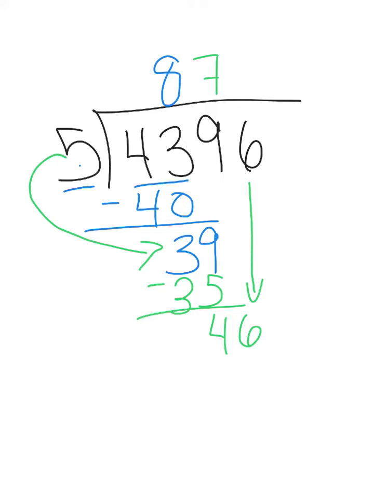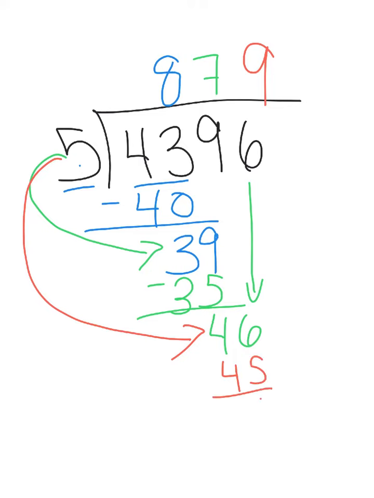Now we want to see how many times 5 goes into 46. Well, 5 can go into 46 9 times. 5 times 9 is 45. We're going to subtract, and we will get a remainder of 1. Our answer is 879, remainder 1.